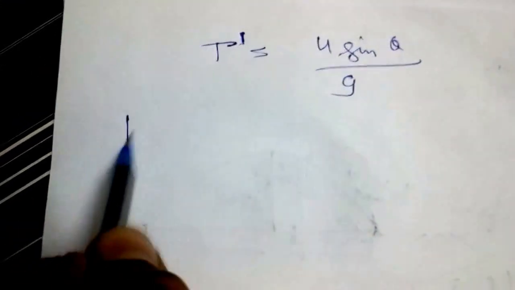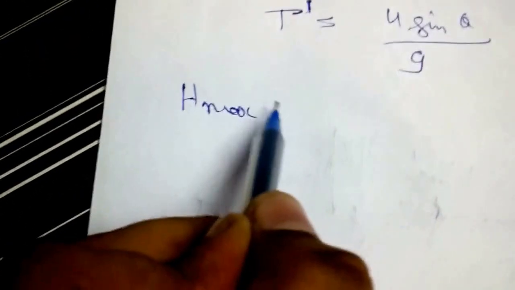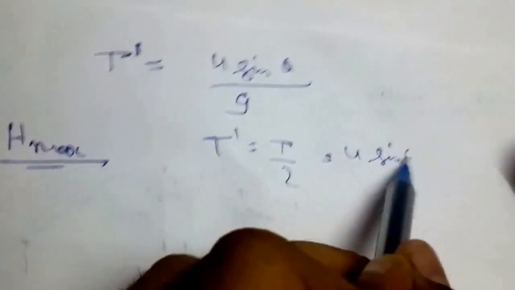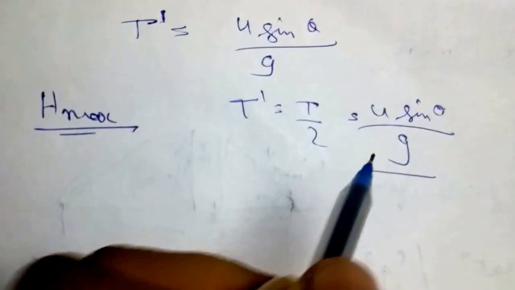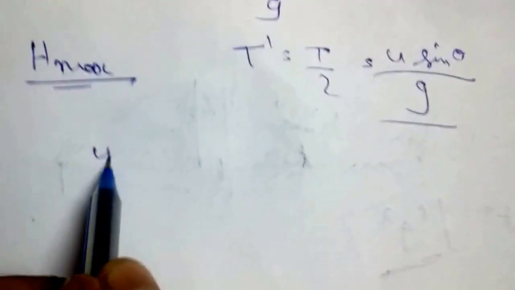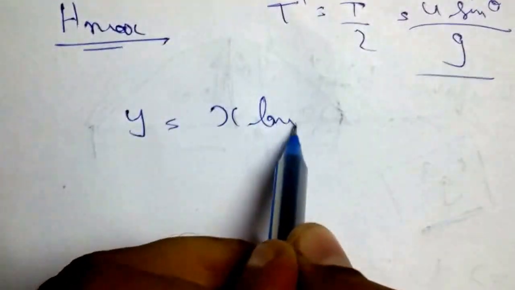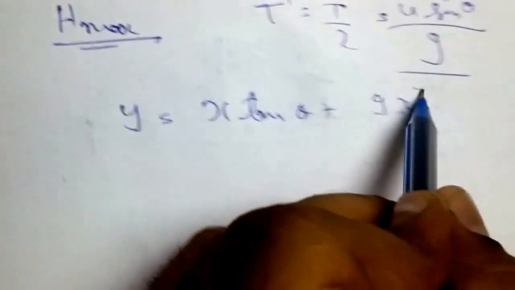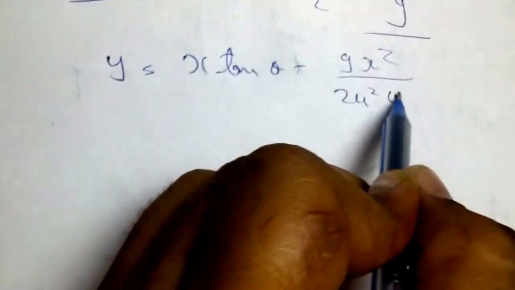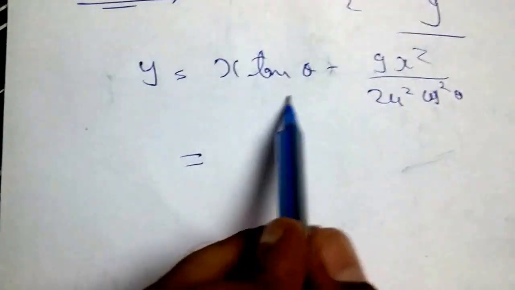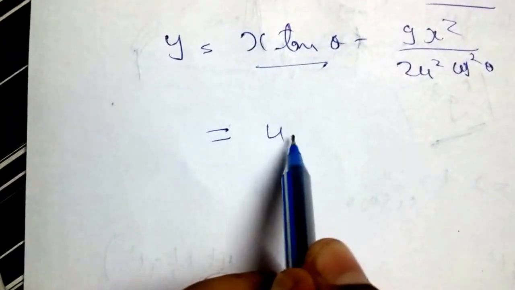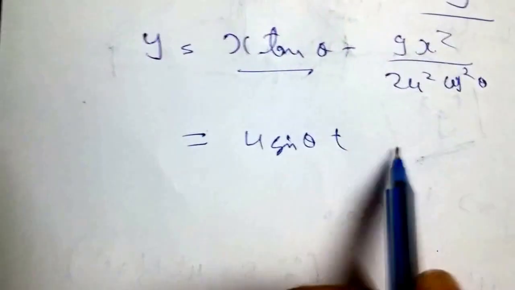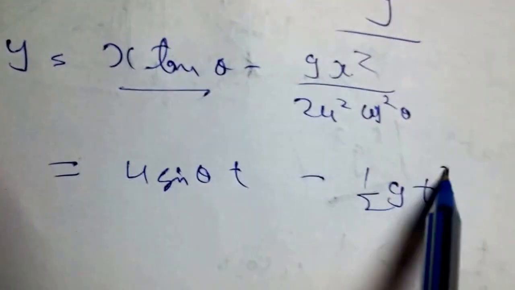Now if I want to find h max, that is the maximum height covered, I simply need to put t dash equals t by 2 equals u sine theta by g in the equation of projectile motion. The equation is y equals x tan theta minus g x square upon 2u square cos square theta, or this equation we have come from u sine theta into t minus 1 by 2 g t square.